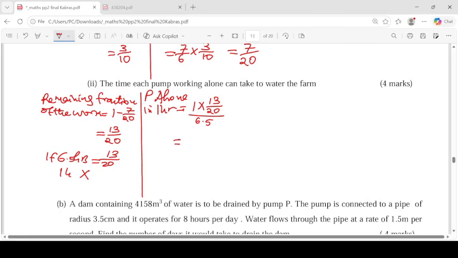This is 1/10. P alone in 1 hour can do 1/10 of the work. This is the work that can be done by P alone in 1 hour.